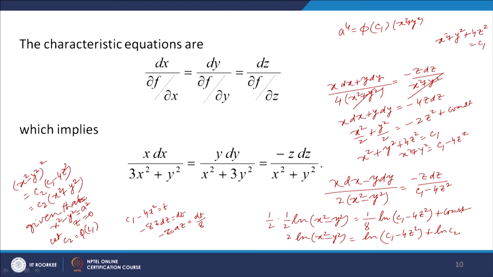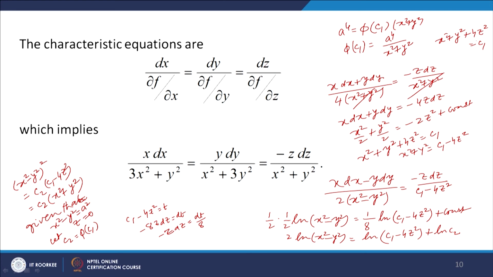Okay, so what we get? Phi of C1 is equal to a4 upon x square plus y square. So we have C2 equal to this. Okay, we can write C1 equal to x square plus y square plus 4z square.